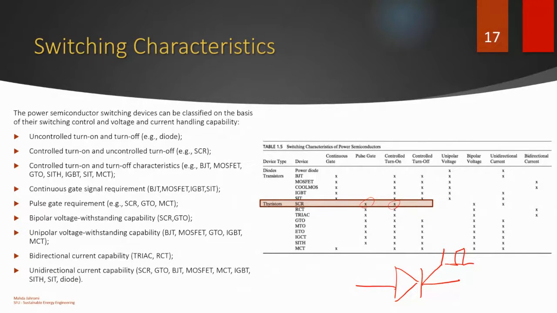So you can control when it turns on, but you can't control when it turns off. It only turns off when the voltage across it becomes negative. So you can tell it to turn on here, but it will turn off at this point, and you will end up with this kind of a shape.